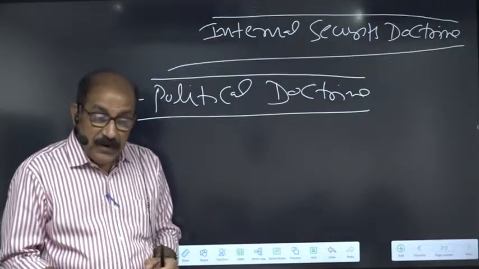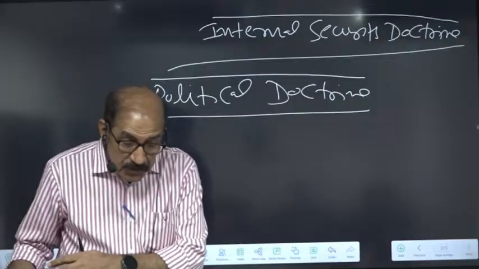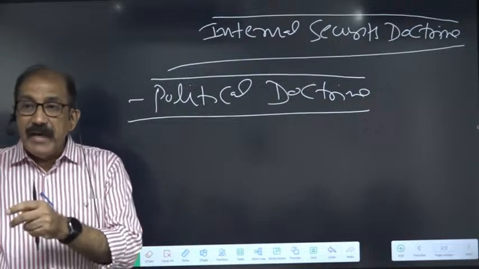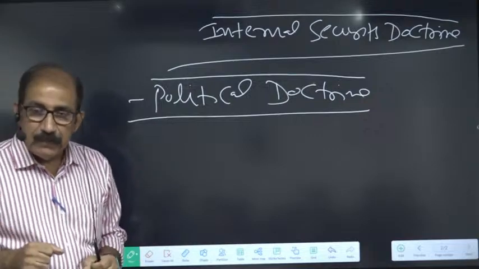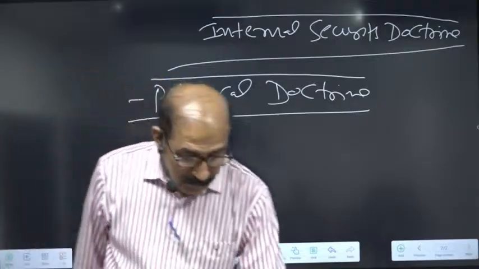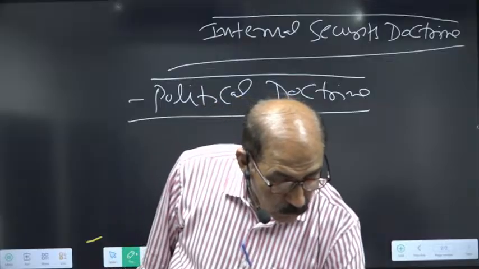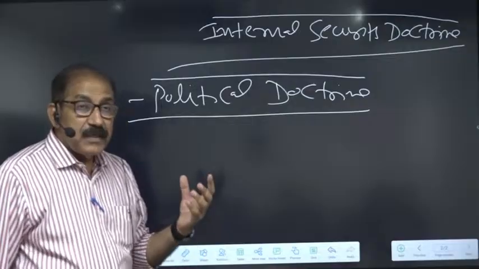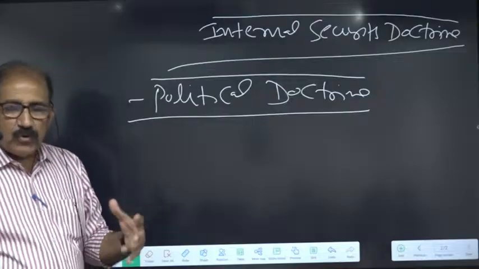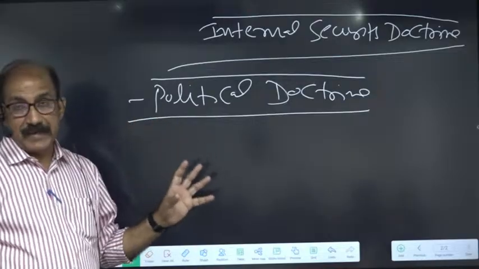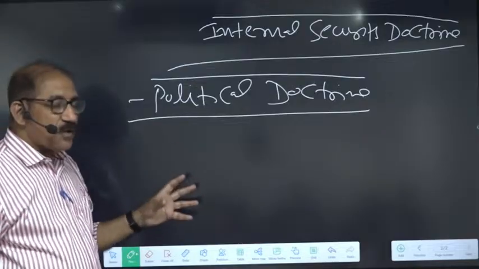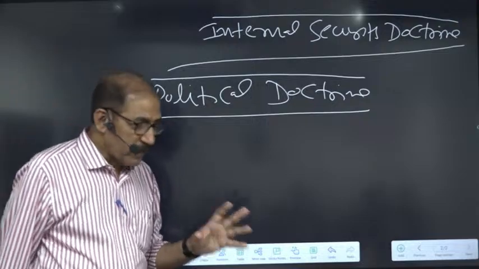But if Nagas want to secede from India, that must be dealt with heavy force. So the first important doctrine is the political doctrine, covering how to deal with separatism and insurgency. When we start tomorrow, we'll start with the socio-economic doctrine. Thank you so much.